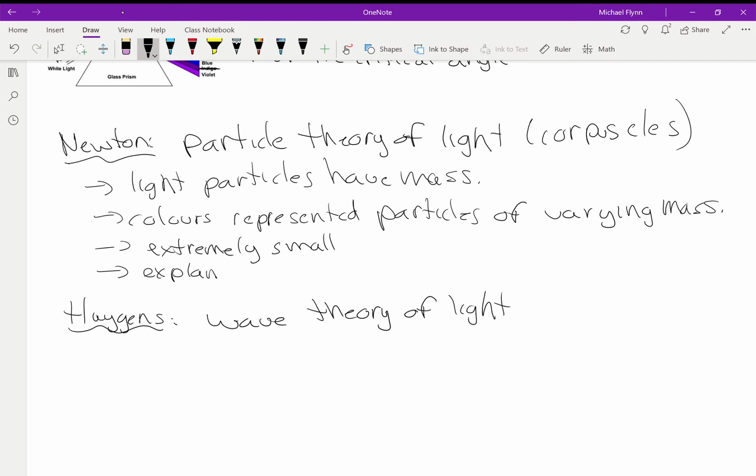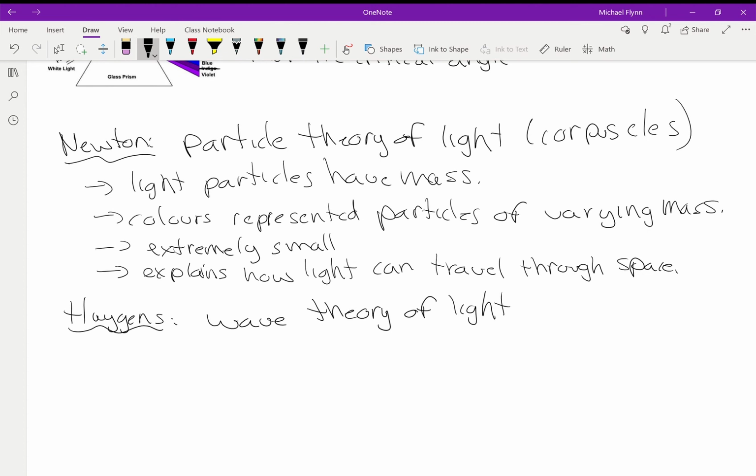Newton's theory explains very well how light can travel through space, which was another known property of light, right? That it makes it from the sun to the earth. And in space, there's no medium, there's no particles. It's just empty space.